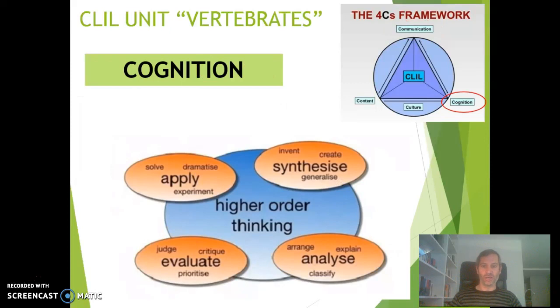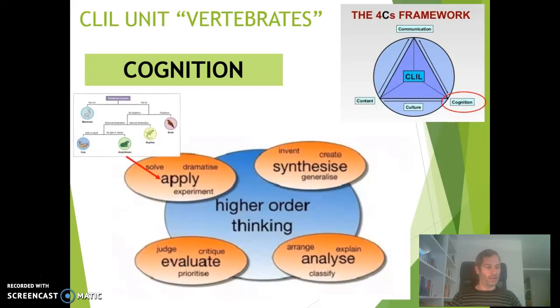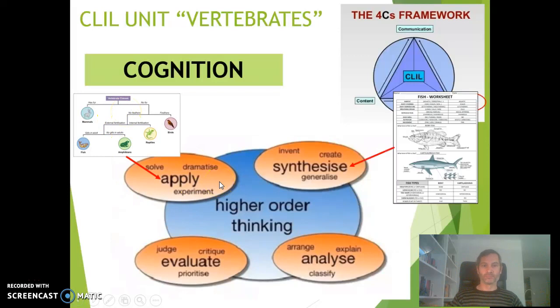Cognition also: all these tools are going to activate higher order thinking in different ways. The autonomous keys, which we are going to use in one activity, are going to be a way for them to apply their knowledge. The worksheets are going to allow them to synthesize all the information they have been acquiring through the videos and through my explanations.